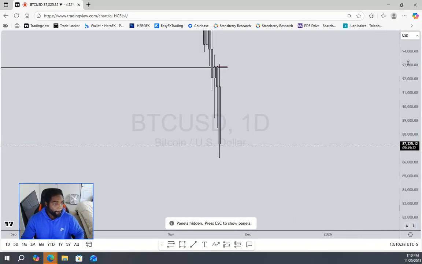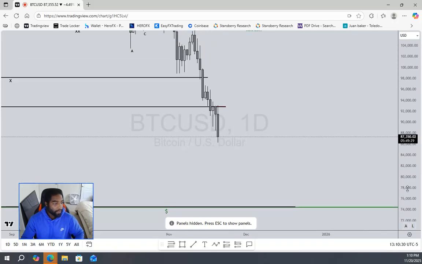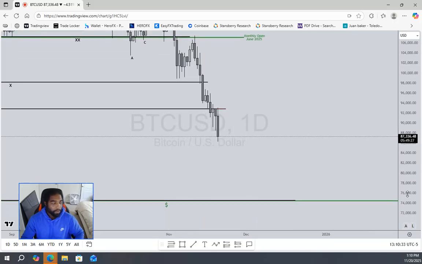Okay. So as you can see, price is doing exactly what I call order of operations. It's all about understanding market structure and price action. And you too can dictate the market. Take yourself out and just read the candles for what it is. Read the market for what it is. It's telling you a story.